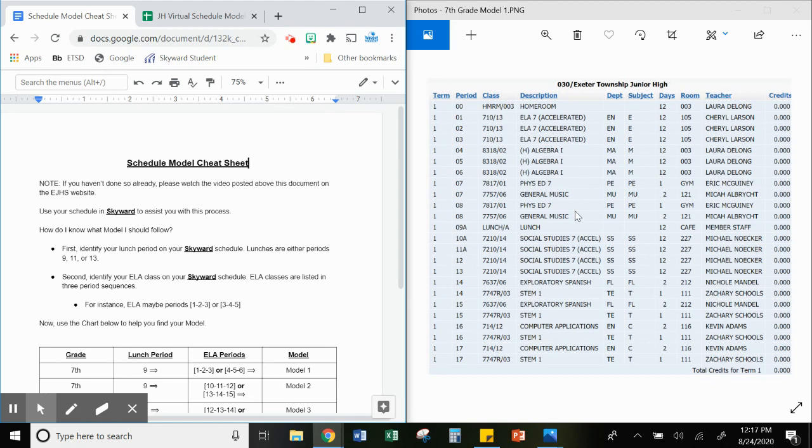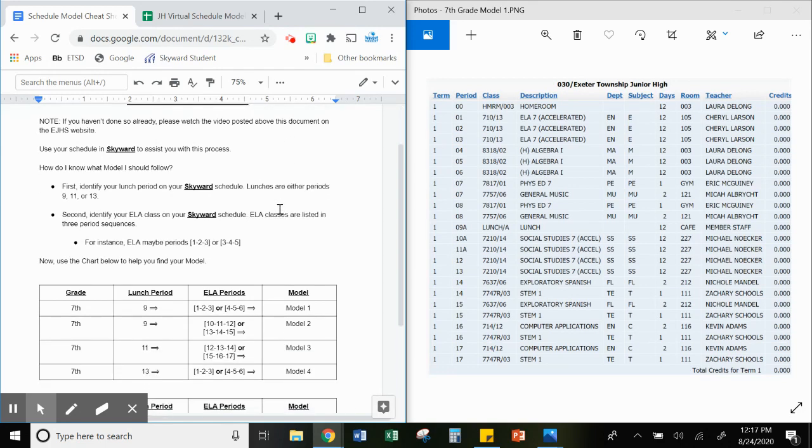Once you have your Skyward schedule out, the other thing you might want to have out is a schedule model cheat sheet. You can find that on the website right below where this video is. That cheat sheet is going to help take you step by step through how to figure out what model you would follow as a 7th or an 8th grade student.